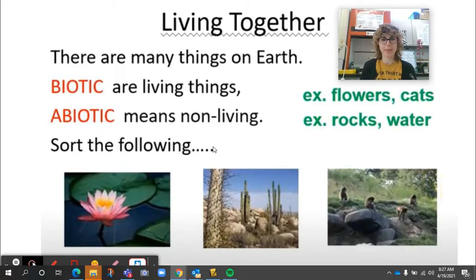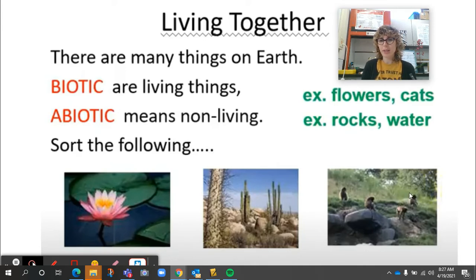So let's use this example here. I see this lily flower and this lily pad. Those would be considered biotic because they're living, but they're within water, which is abiotic or non living. I look at this desert picture and I see the cacti, I see some of the shrubs. Those would all be living things, biotic factors. And then the rocks and the air around would be abiotic.